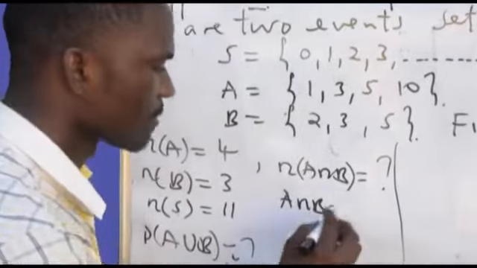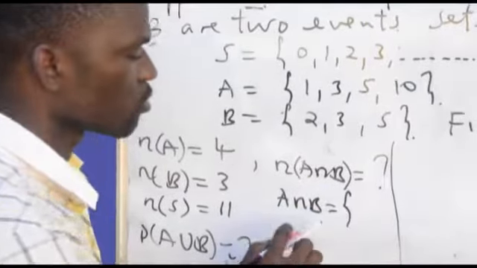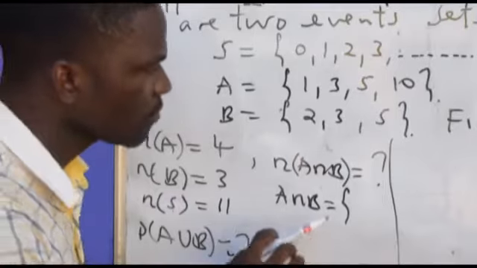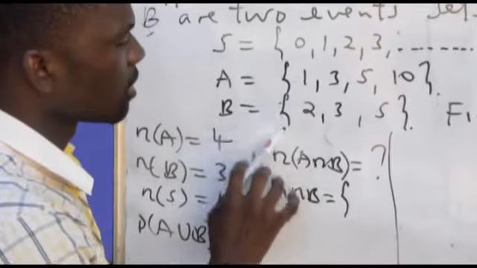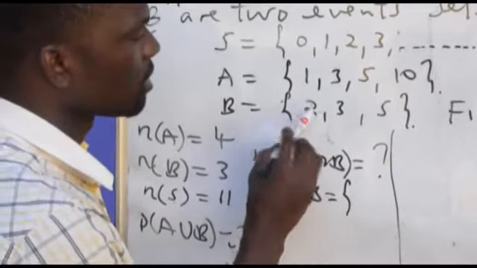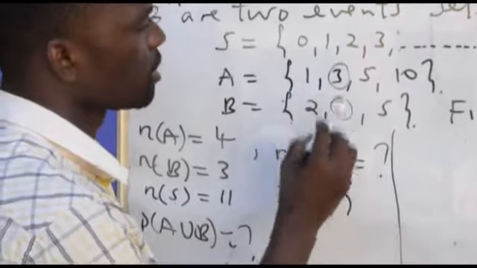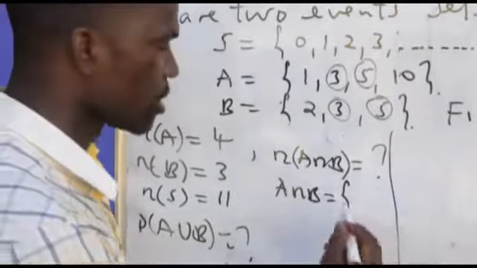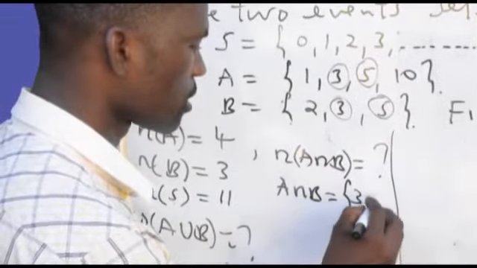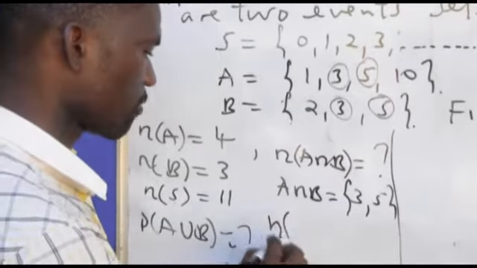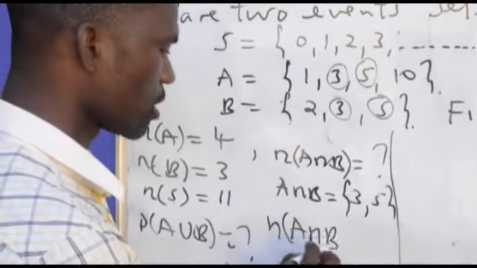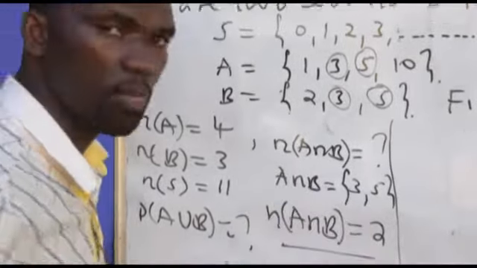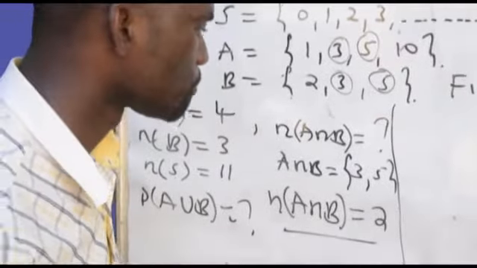This set is going to have the common elements from set A and set B. The common elements are number 3 and number 5. That's it. So the number of elements inside this set, there are only 2 elements.